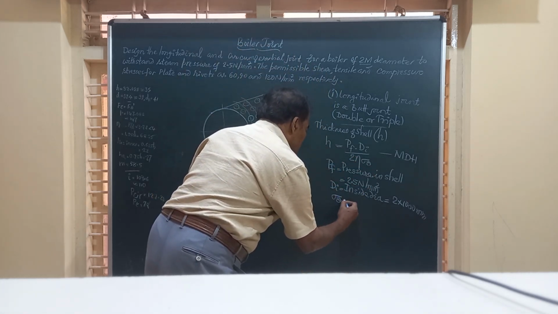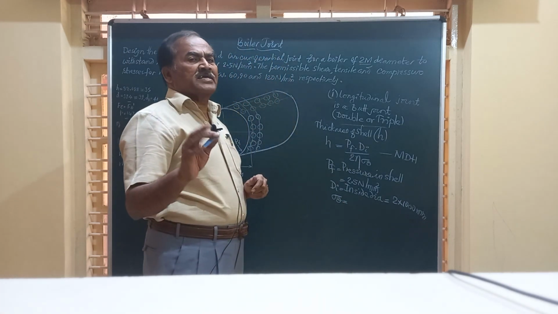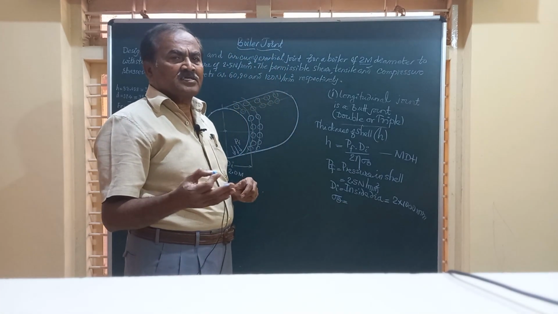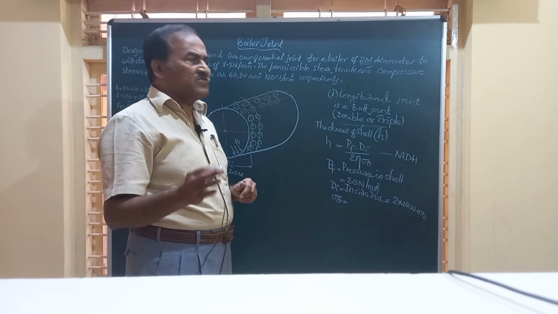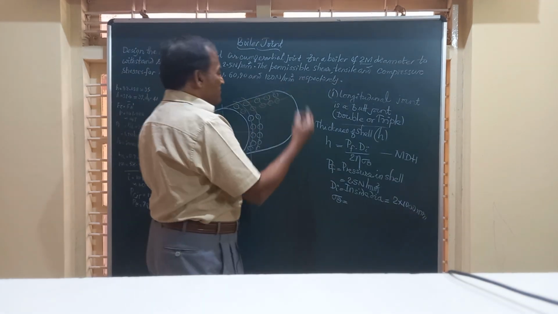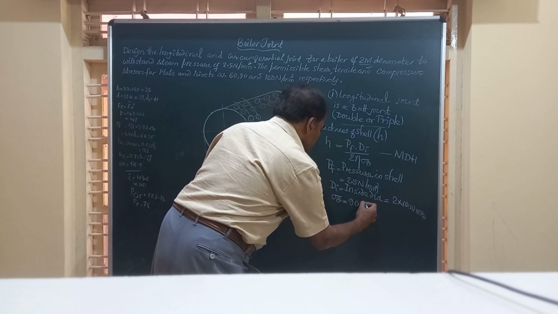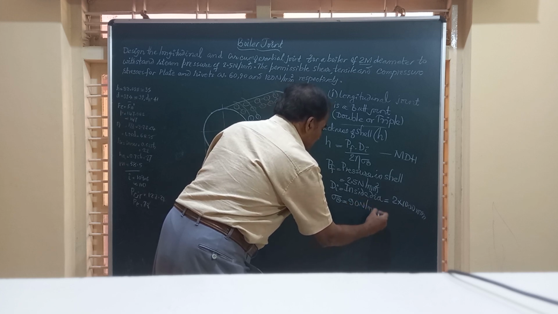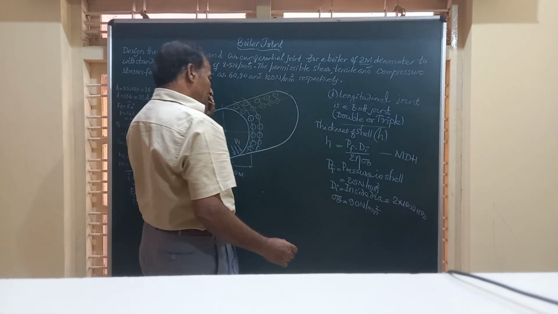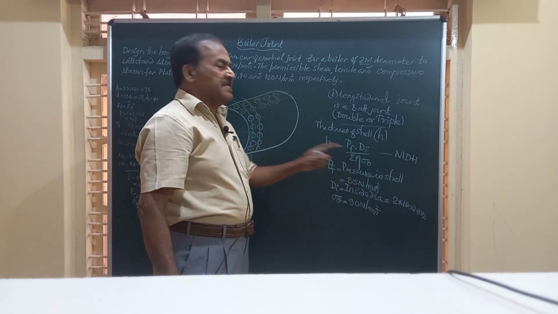Sigma theta is also called sigma T, the tensile strength of the material of the rivet and also of the plate. This is given to be 90 Newton per mm square. So we are left with the calculation of eta.